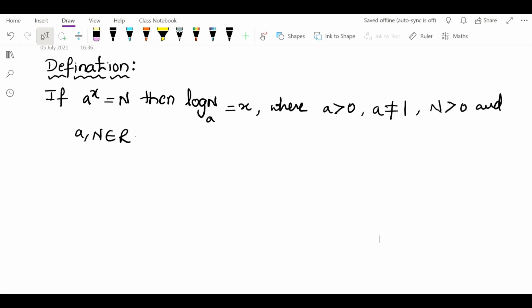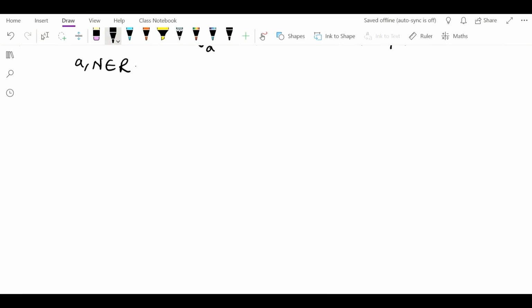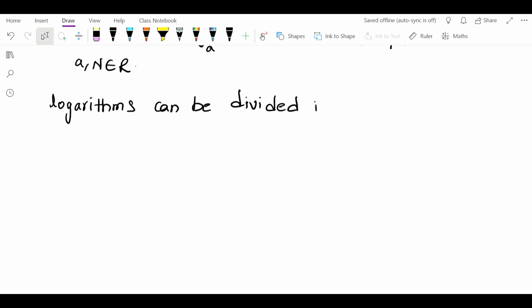Again logarithms are divided into two types. One is natural logarithm, another one is common logarithm. Logarithms can be divided into two types.